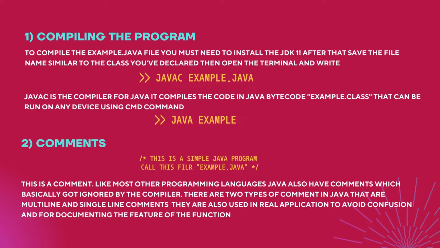Of course, in real applications, these comments generally explain how some part of the program works. Java supports three styles of comments. First is multi-line, second single line, and third is documentation. We will be talking about the multi-line and single line comments here, and we'll talk about the documentation later.